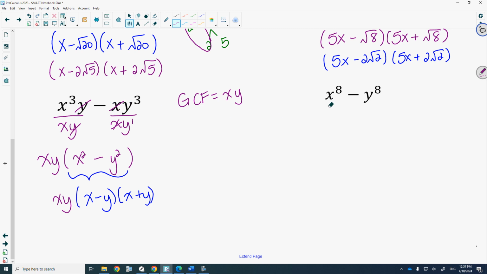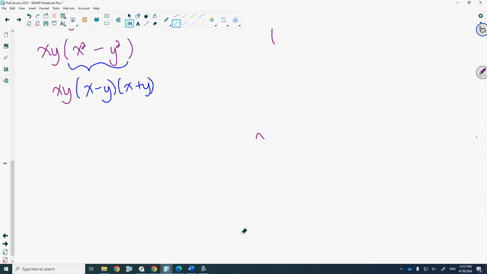This one here, x to the 8 minus y to the 8. So first we're going to factor, again, by a difference of squares. So the square root of each of these. So just think about what the square root of x to the 8 is. So x to the 8 is 8 x's, and the index is a 2.